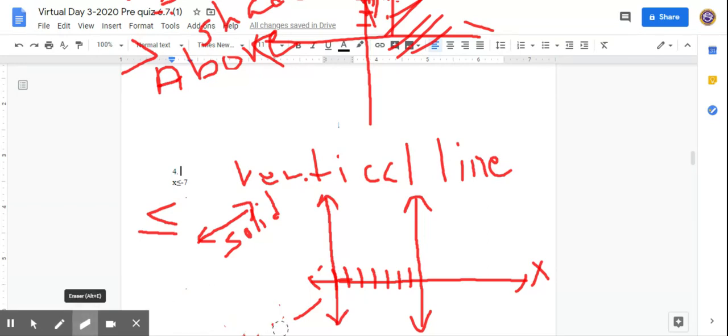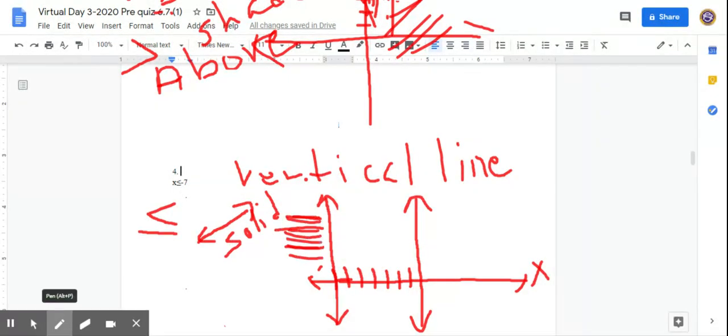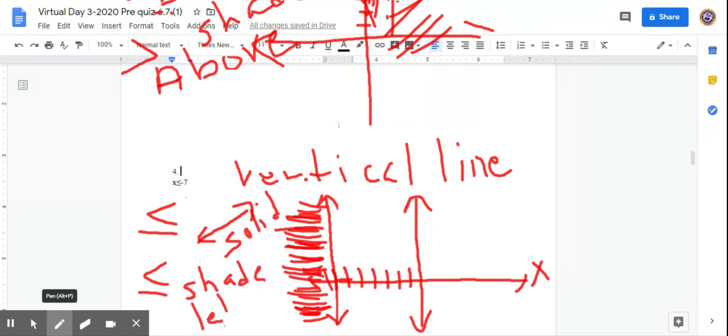Where do the numbers get less than -7? As it moves to the left, they get smaller. So you're going to shade all the points to the left. All of those points will be answers to that inequality. Okay, because it's less than or equal to, you're going to shade left.